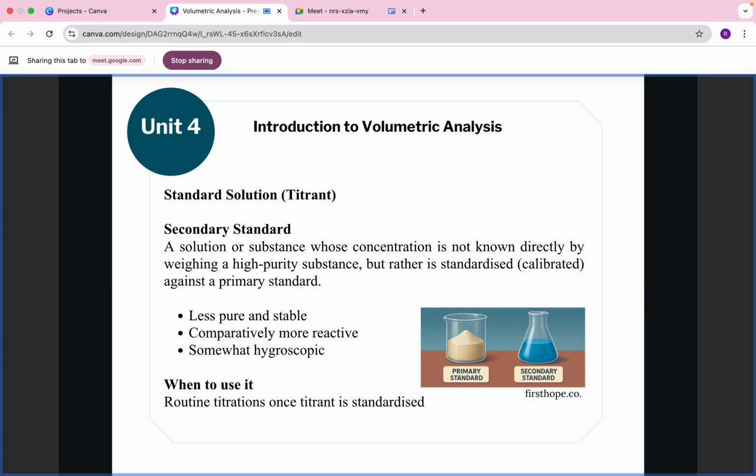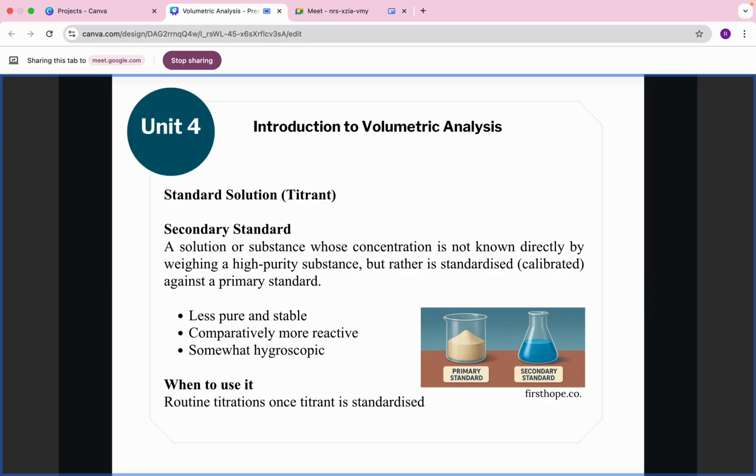For example, you prepare a solution of sodium hydroxide to use as a titrant for acid-base titration. Based on the property of sodium hydroxide, and this is generally true for secondary standards, they are less pure and stable in comparison to primary standards, comparatively more reactive, and somewhat hygroscopic.